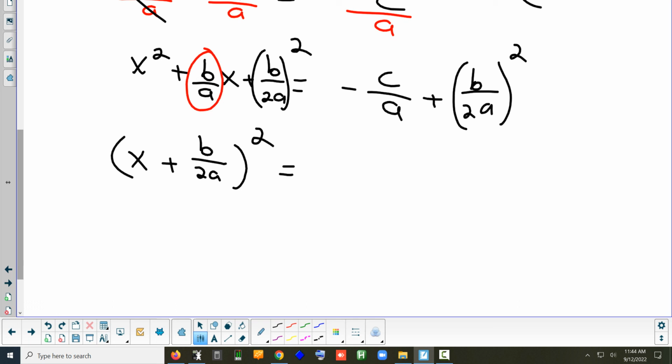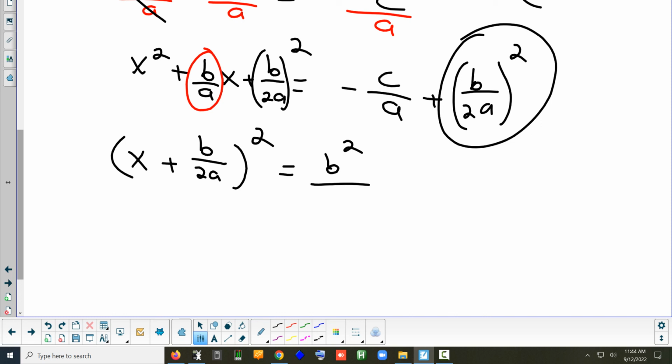Now on the right, what I want to do is start putting this in the order you're used to. Let's write this term first and square it up. B squared over, what's 2a squared? 4a squared. Yep. Minus c over a.